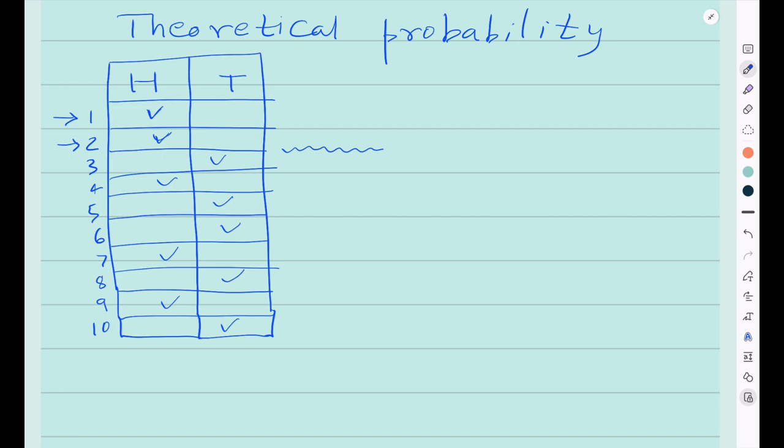So till now, we have done the experiment 2 times, and out of that we got head. So if we talk about experimental probability, then we got 100%. But the number of experiments which we did is very small.